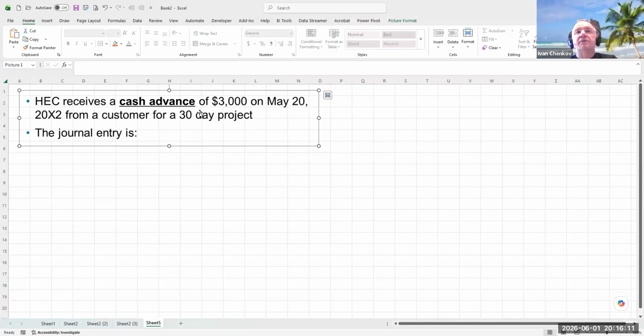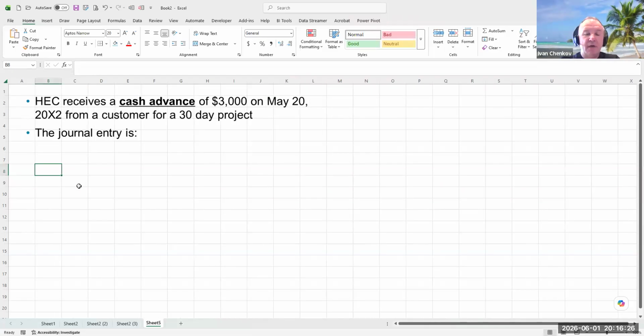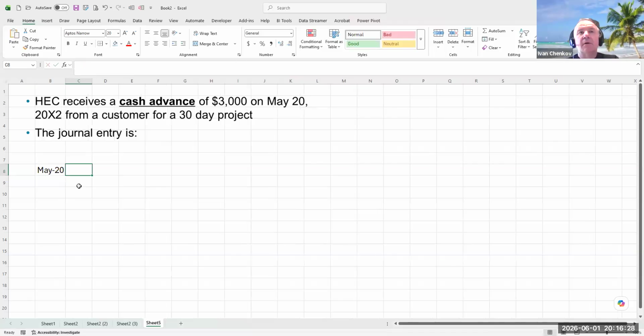We receive a cash advance of $3,000 on May 20th from a customer for a 30-day project. So what's the journal entry? Obviously, we have to get the cash on May 20th. We're going to have debit cash now for $3,000.